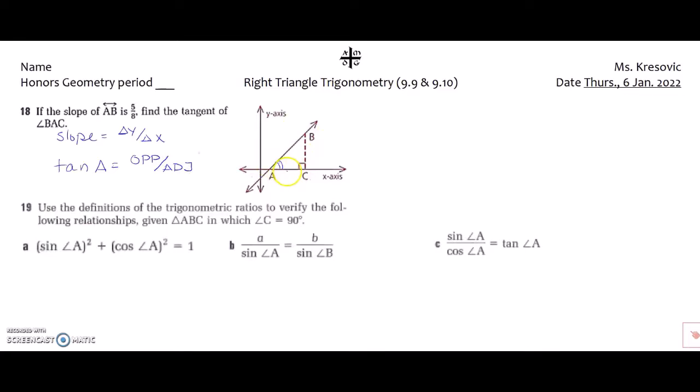So now when we look at the image, we know that the slope is delta y over delta x. And with respect to angle BAC, or angle A, we can see delta y is the opposite side and delta x is the adjacent side.